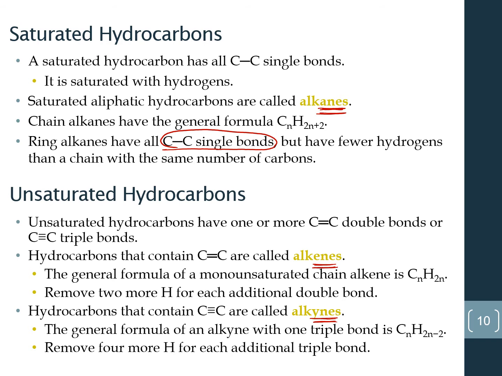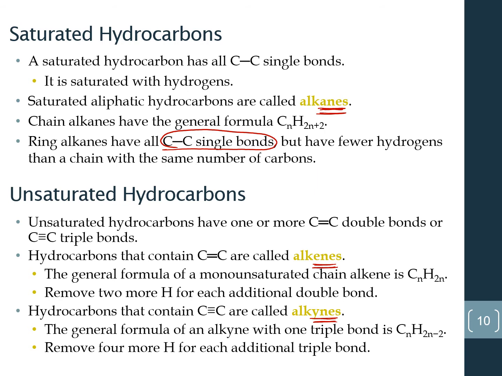They are not saturated with hydrogens because now you have multiple bonds between the carbons. When the number of bonds between carbons starts increasing, the number of hydrogens starts decreasing. You need fewer hydrogens to complete the 4 bonds around the carbons.